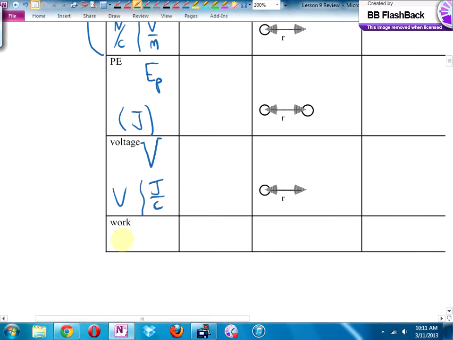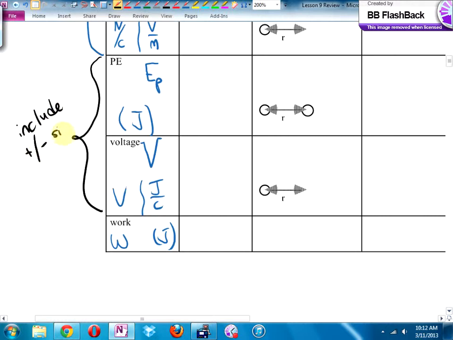And then we have work, which hasn't changed. It's still a W, and it's measured in joules. Now, for these two, we include positive and negative signs, the polarity of the charges.